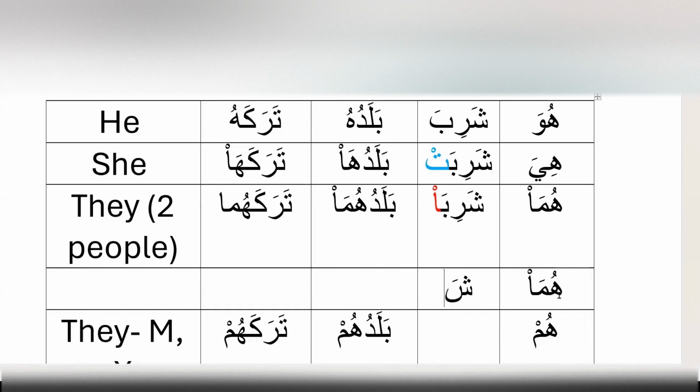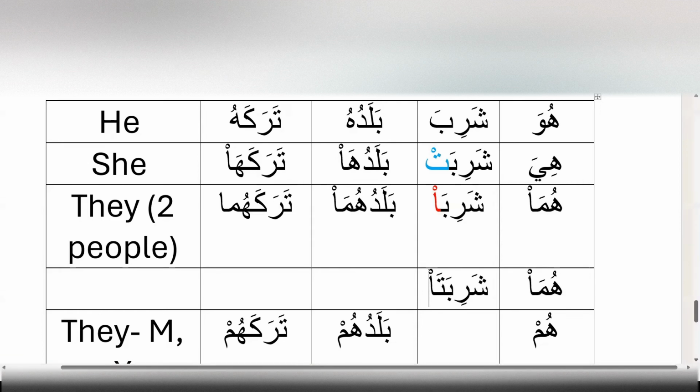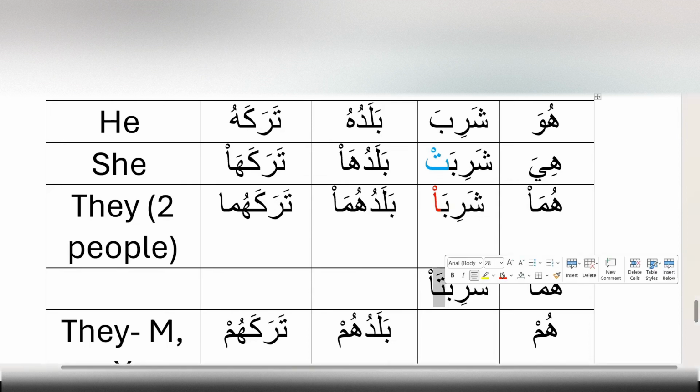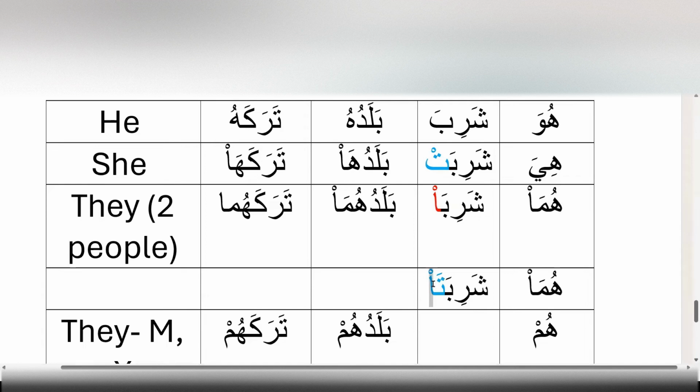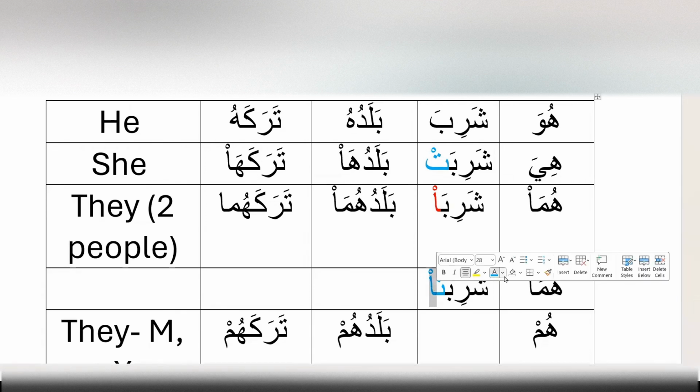And here, شربتا. This T is the same one, that one. I'll color it in blue. And the pronoun is only ألف.